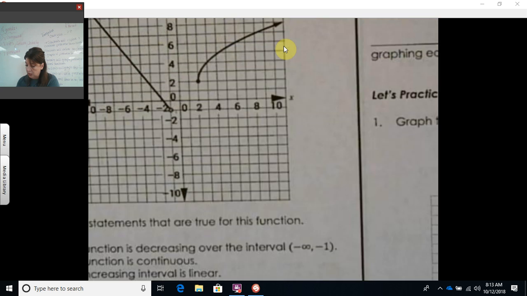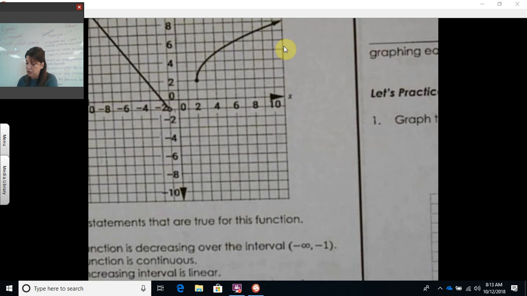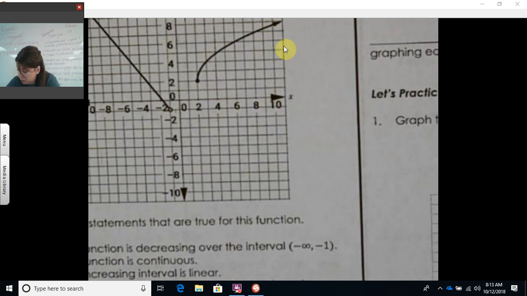The range of the function is negative infinity to negative 1, union with, that means and also, 1 to positive infinity. Is that true? No. What would we do to make it true?